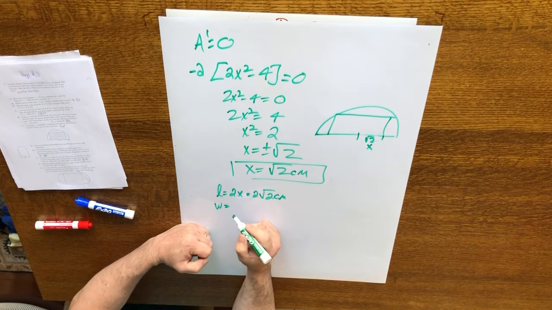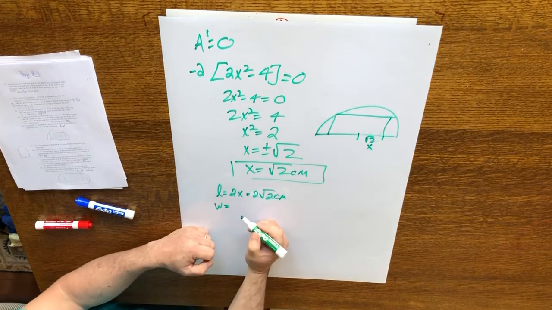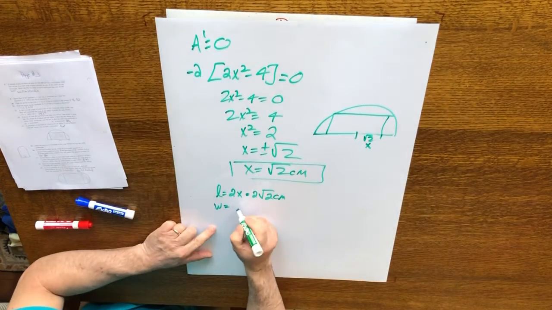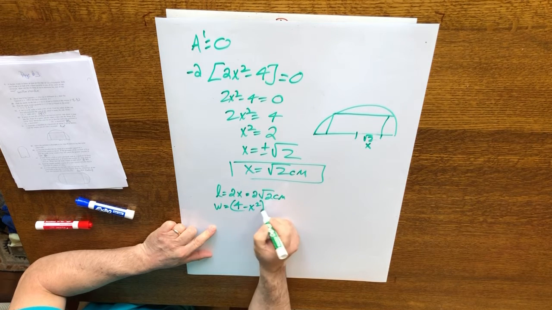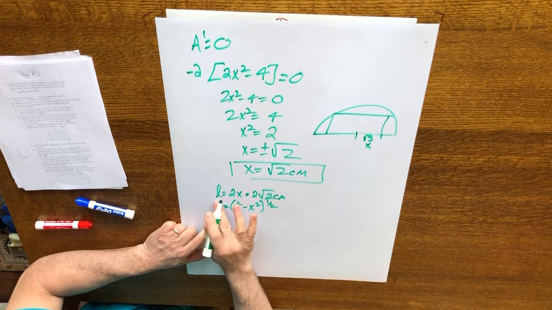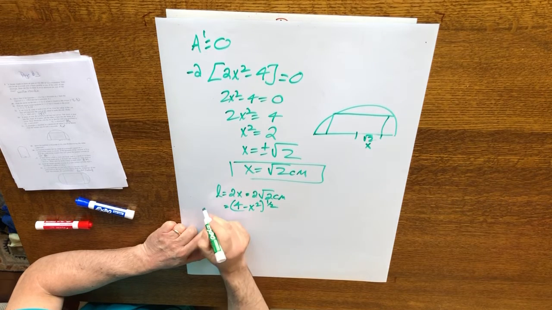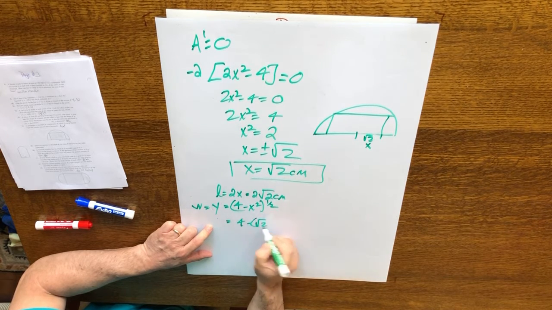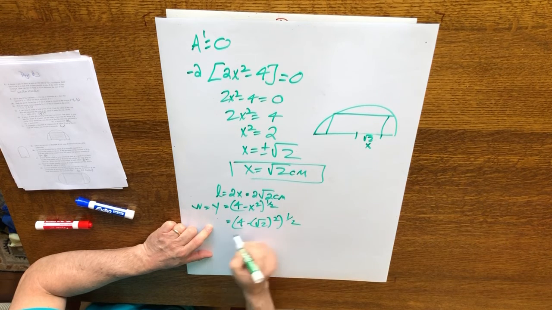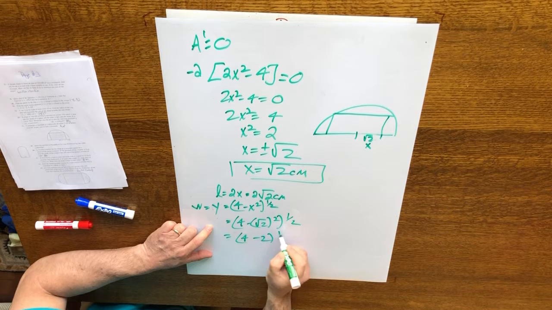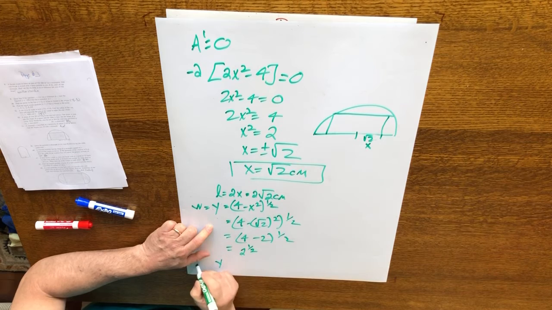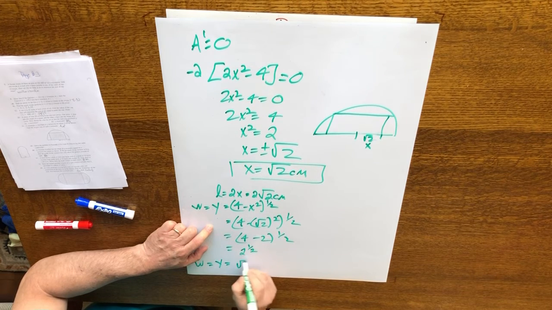And y was equal to, I don't know where I put that, oh yeah, y was equal to 4 minus x squared to the 1/2, 4 minus root 2 squared to the 1/2, 4 minus 2 to the 1/2, 2 to the 1/2. So y, which is equal to the width, is equal to square root 2 centimeters.